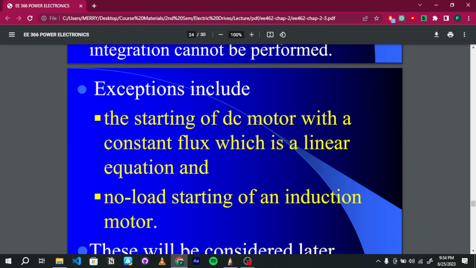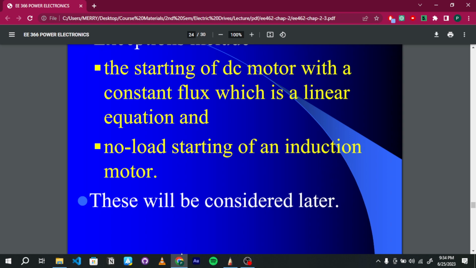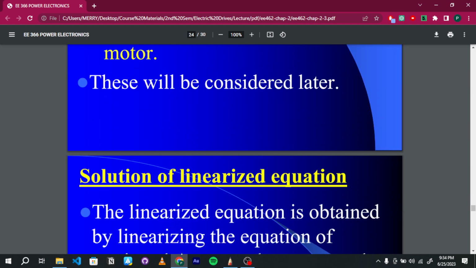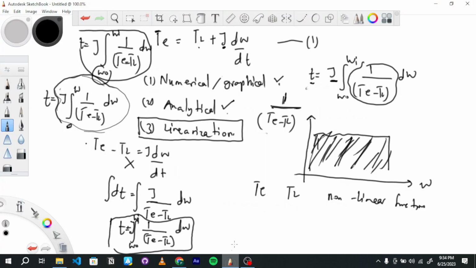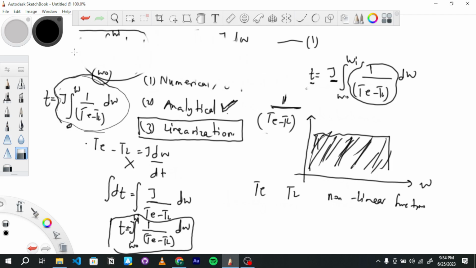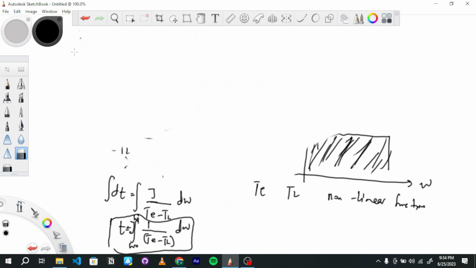One is the starting of a DC motor with a constant flux, and no load starting of an induction motor. These will be considered later. So now, this is difficult to do. The next thing we'll look at is linearization.